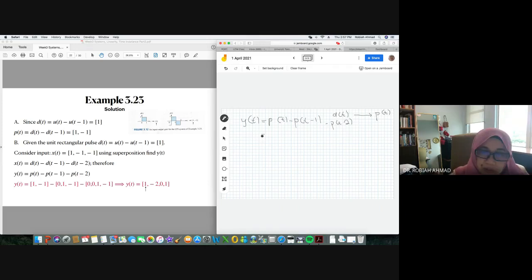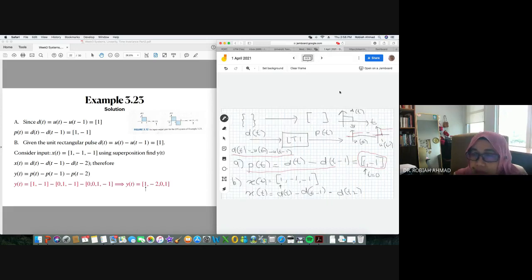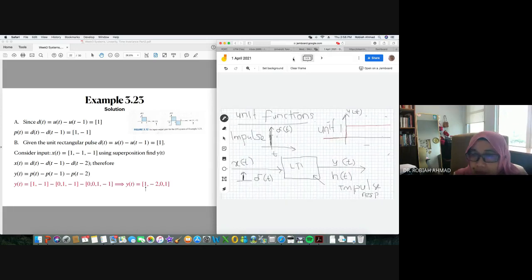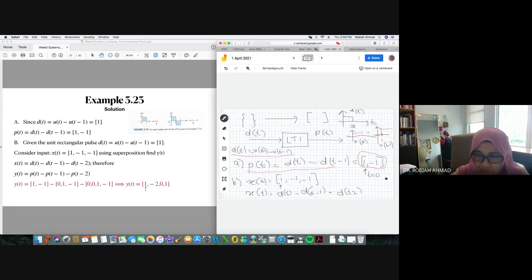Okay, so this PT, kita tengok kat sini, PT kita adalah 1 minus 1. What about when PT minus 1? Okay, bila dia shift, so dia masa dia 0 tu dia adalah 0. Okay, saya buat di sini.